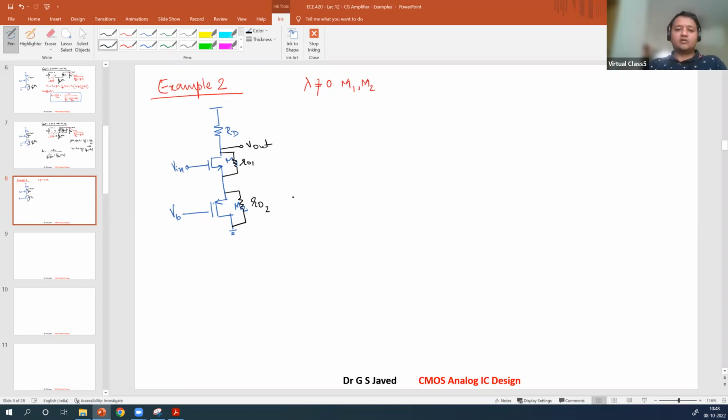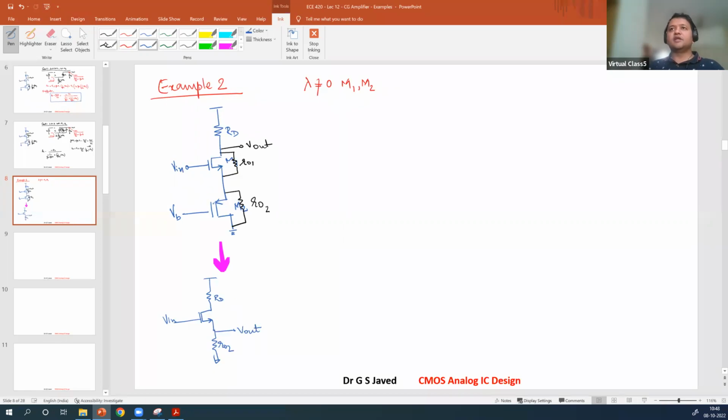There is no GM1 coming into picture here. So if you find out the gain, the circuit will now look like one over RD, NMOS device with the input Vin, VDD, and this will be RO2. Here is the V out.